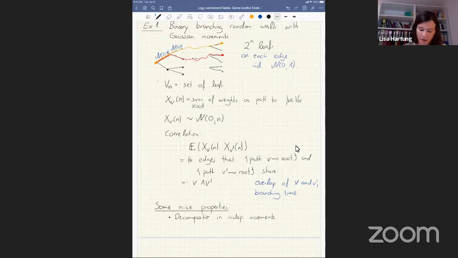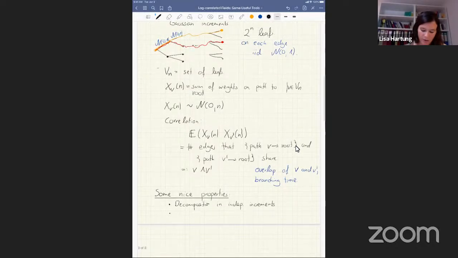Second of all, this point where you branch, this branching time, is somehow very explicit. So if I look at two leaves, there is a time, right?